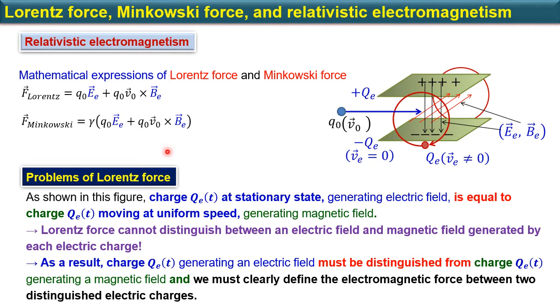As a result, charge QE generating an electric field must be distinguished from charge QE generating a magnetic field, and we must clearly define the electromagnetic force between two distinguished electric charges.